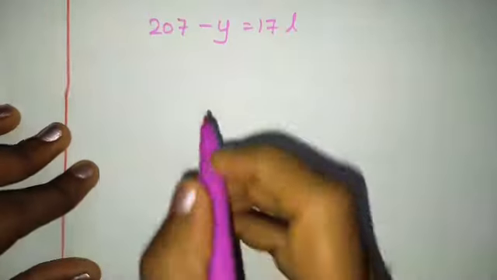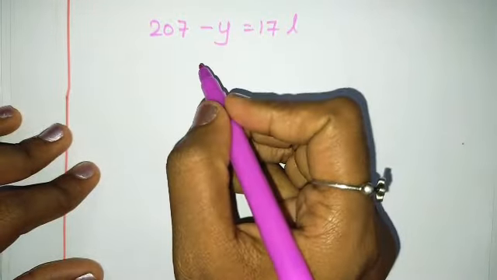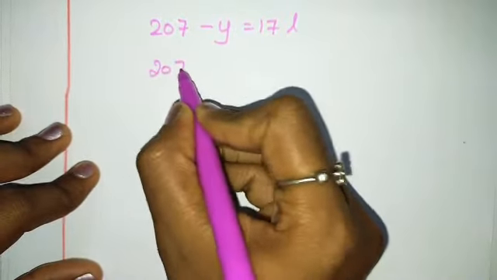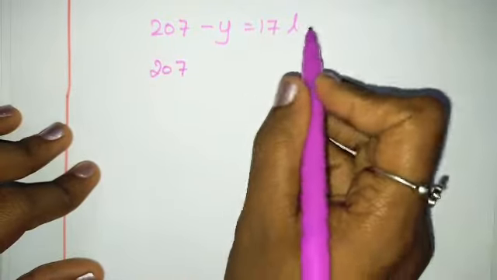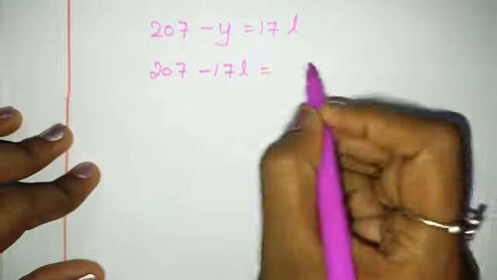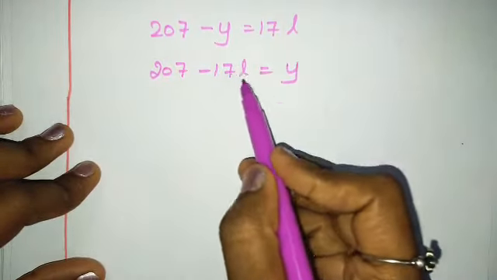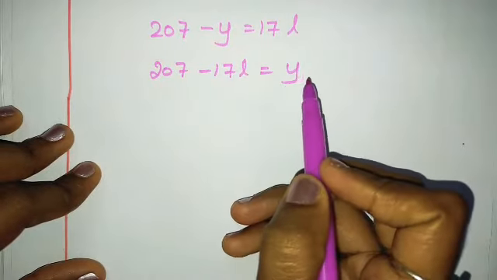Now this is minus y, right? So let me shift that side, which becomes plus y. So 207 minus 17L is equal to y. Got it? So you have to put some value for L so that you'll get the y value.